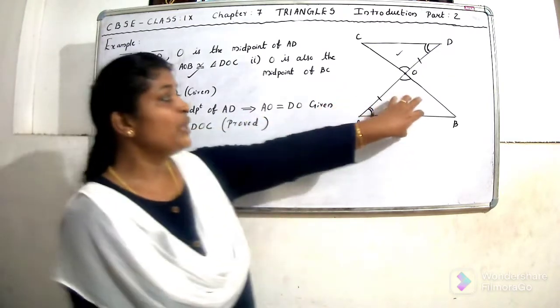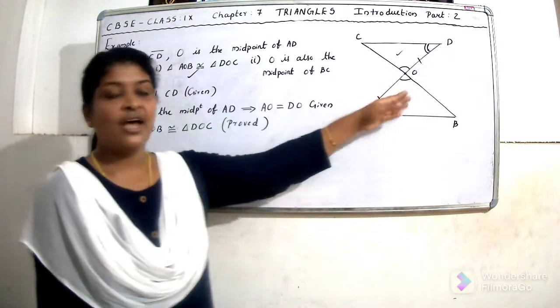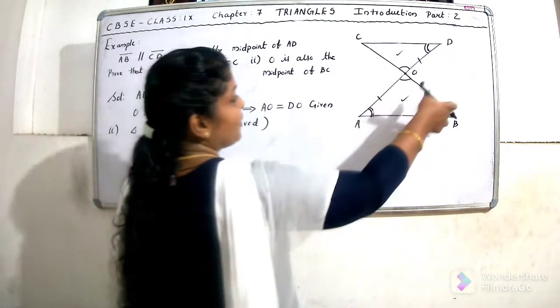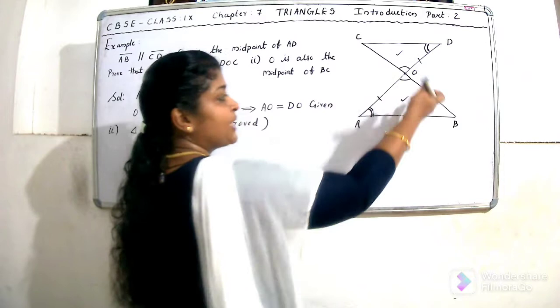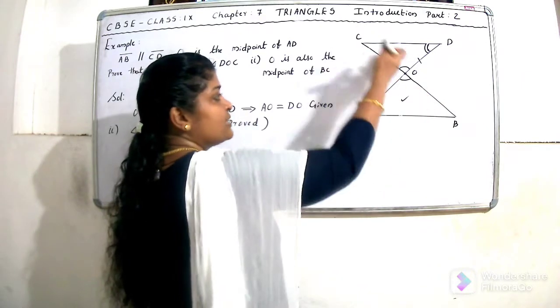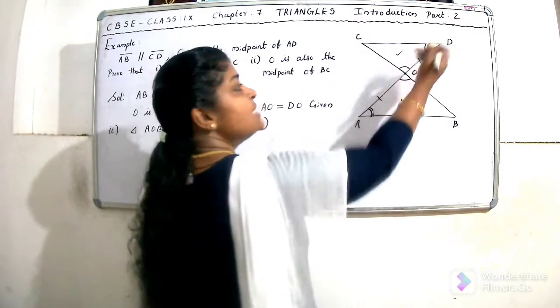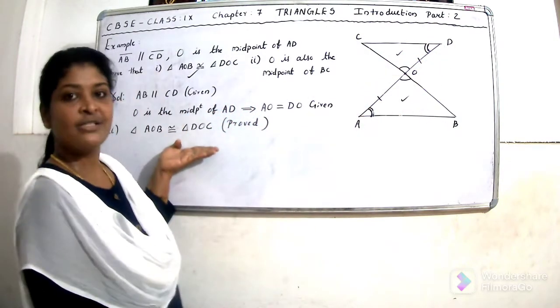If any two triangles are congruent, then their corresponding sides and corresponding angles are equal. So here, this side is equal, that we know. Which two sides have we not said? The CO and OB case we have not said, and the AB and CD case we have not mentioned. Actually they are also equal because the triangles are congruent.